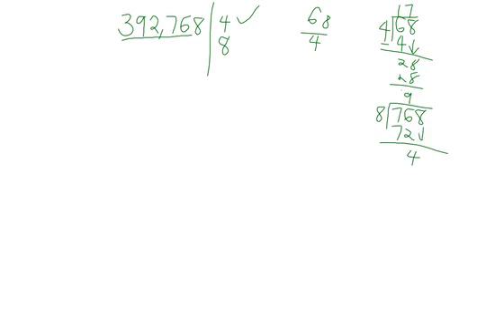Then we are minusing here, so we drop 8, it becomes 48. So we have a 6 to get 48, and the remainder is 0. And this implies that 768 is divisible by 8, and therefore 392,768 is also divisible by 8.